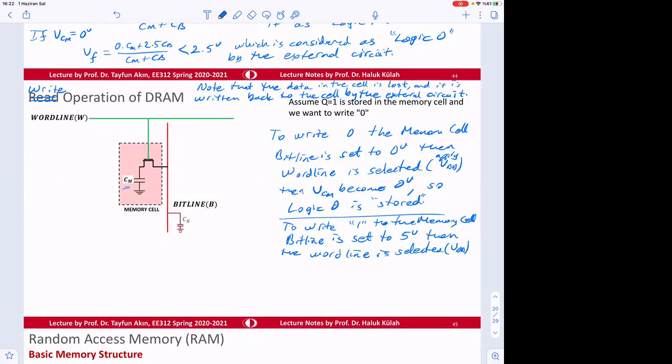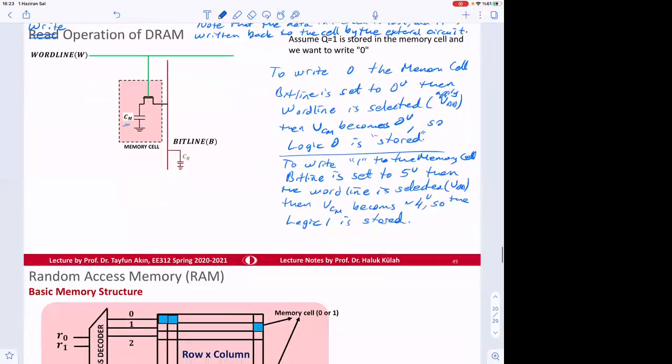Then VCM becomes about 4 volts. So the logic 1 is stored. Okay, so this is the general idea.